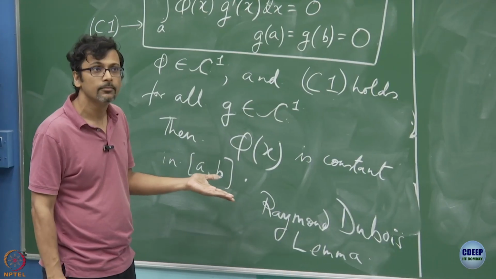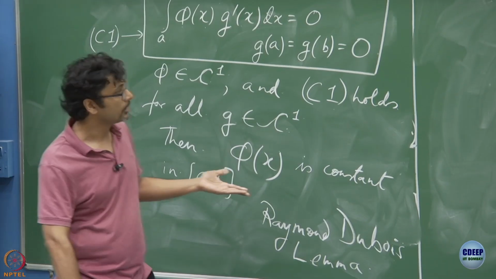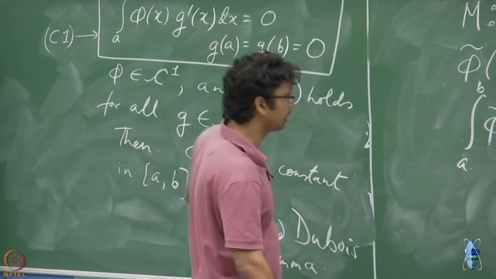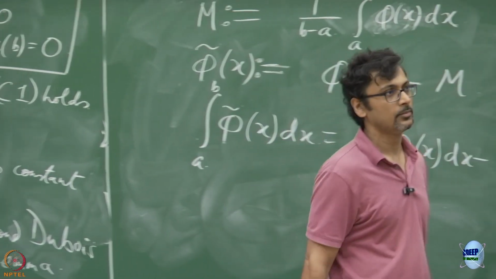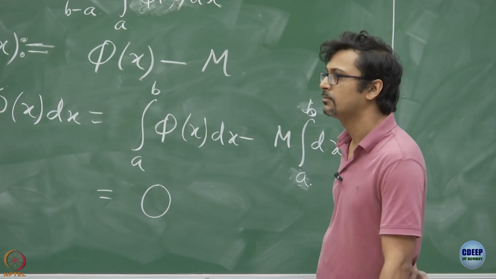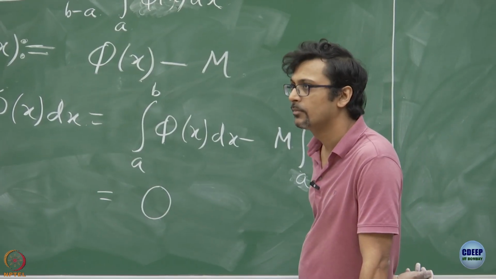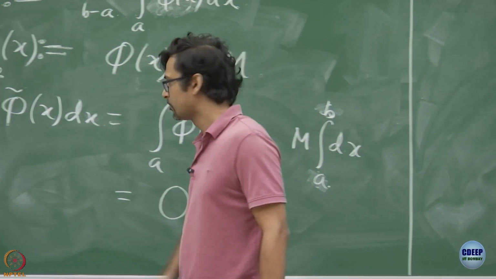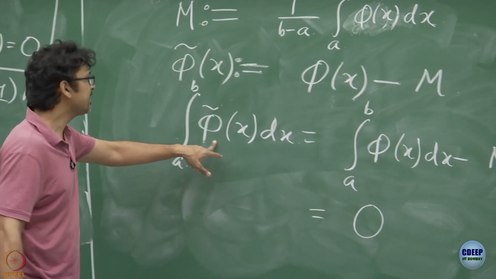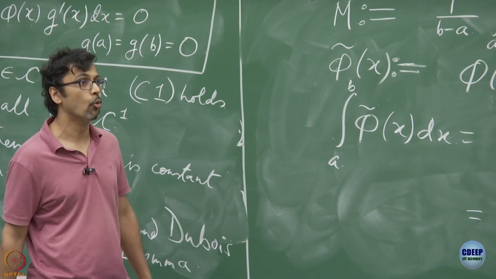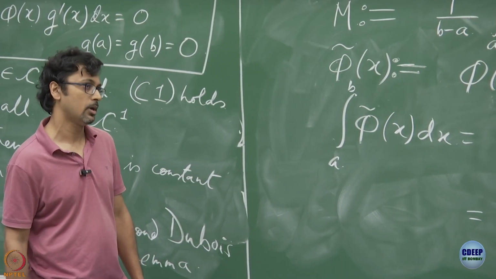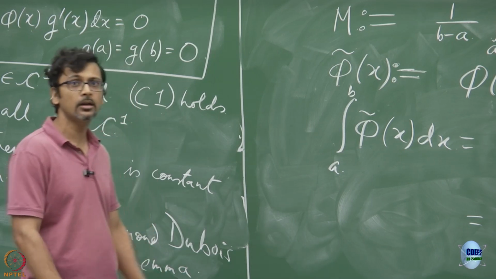Look, this is what I have to prove. If my conjecture is correct, if this result is correct, then phi x must be a constant. What if phi tilde is 0? If we can establish that, then we'll be done.